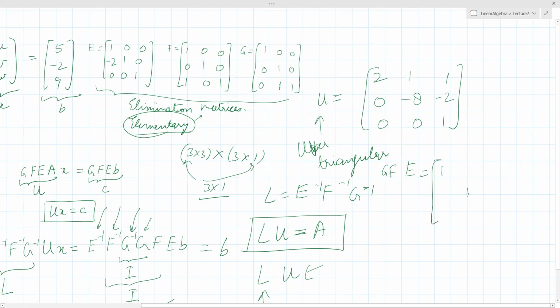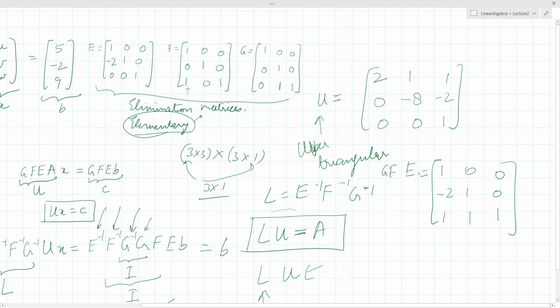You'll obviously have your identity. And what will be the remaining values? -2, -2, 1, and 1. Now if you look at this, what are you seeing? A lower triangular matrix. We are seeing a lower triangular matrix, but that is not really L. L is the inverse of this.